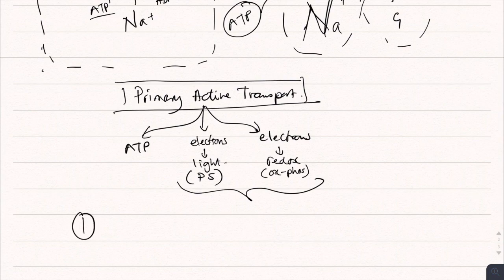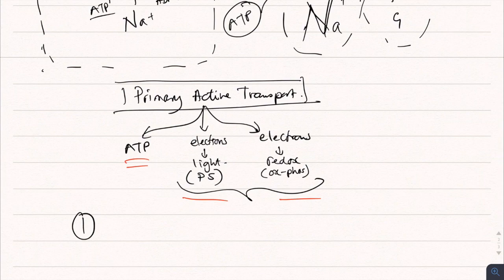Here's the first reason, the scientific reason. There must be a way to distinguish between these two modes of transport. Because you learn about ATP, and you learn about this, there needs to be a way to discriminate between these two types of transport.